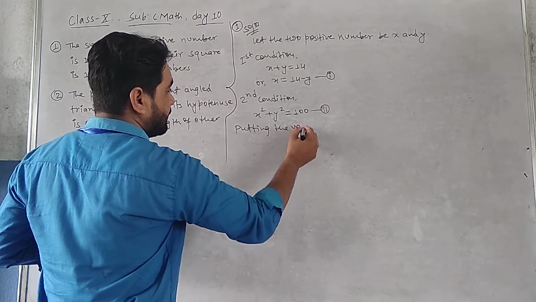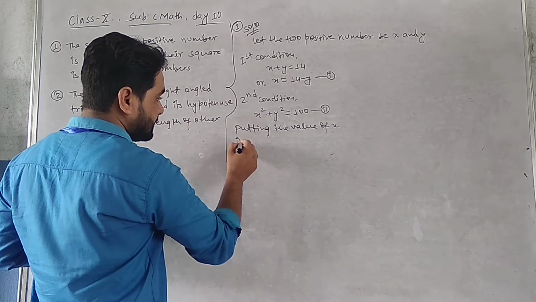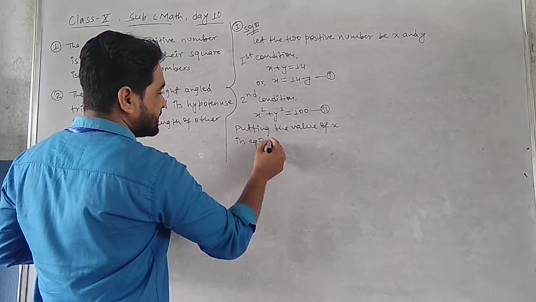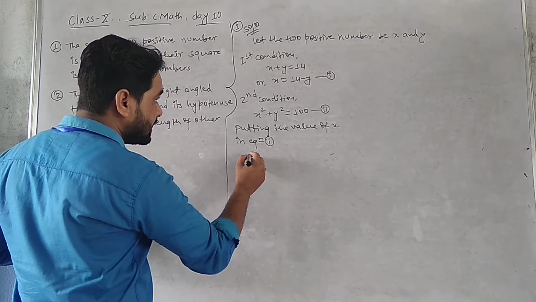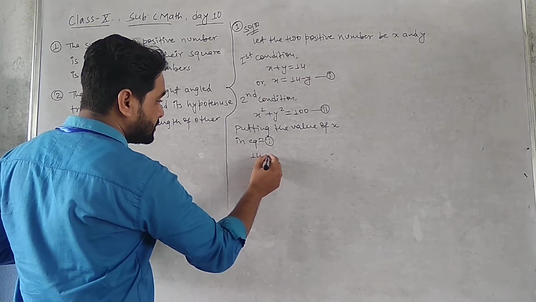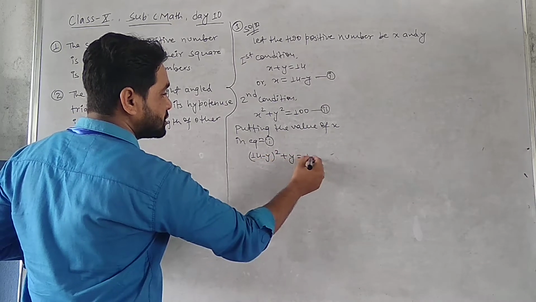So we get x square, that means 14 minus y whole square plus y square equals 100.